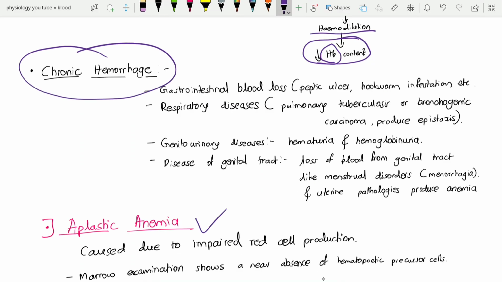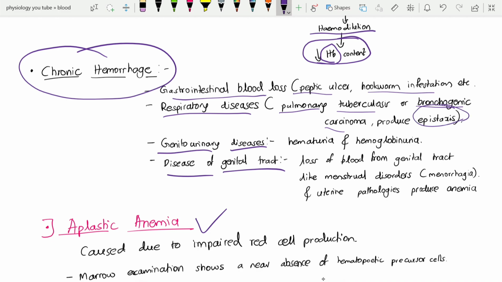Chronic hemorrhage may be due to gastrointestinal blood loss, respiratory diseases, genitourinary diseases, and diseases of the genital tract. Gastrointestinal blood loss may be due to peptic ulcer or hookworm infestation. Respiratory diseases include pulmonary tuberculosis, bronchogenic carcinoma, and epistaxis, which is bleeding from the nose.